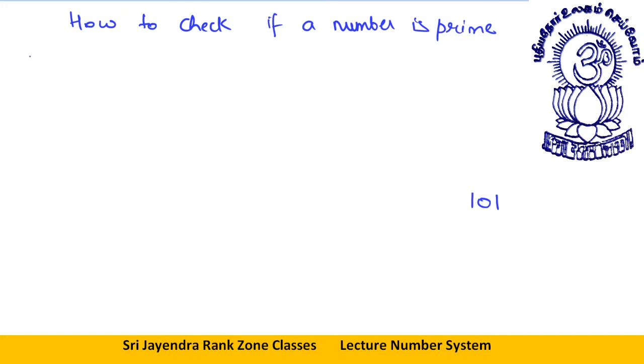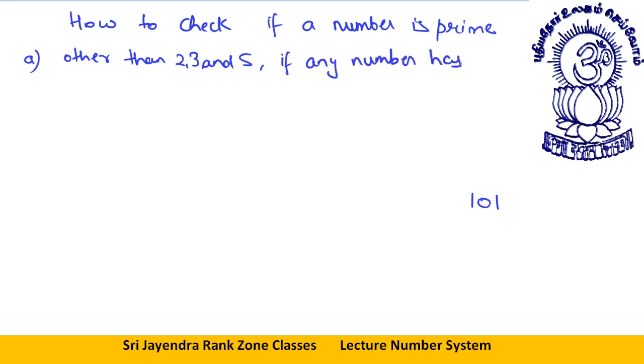First of all, see, this is part A. Other than the single digit numbers 2, 3 and 5, if any number has its unit digit as 2, 4, 6, 8, 0, or 5, then it cannot be prime.